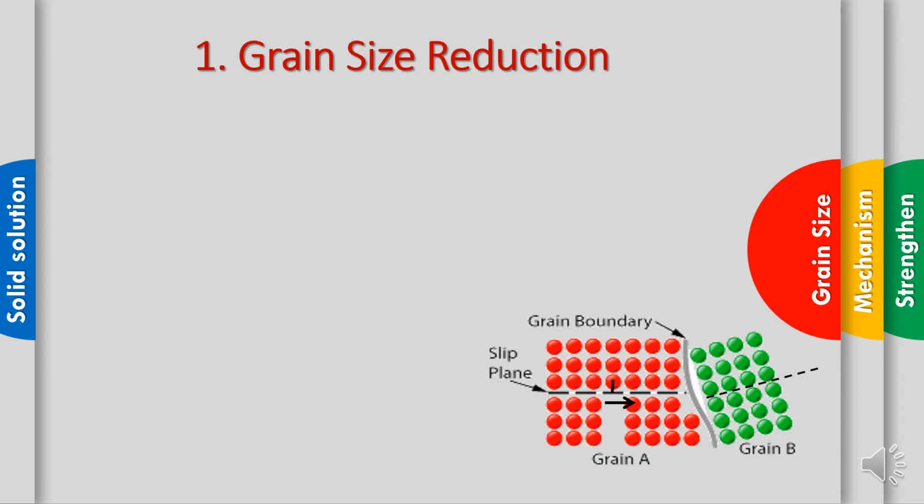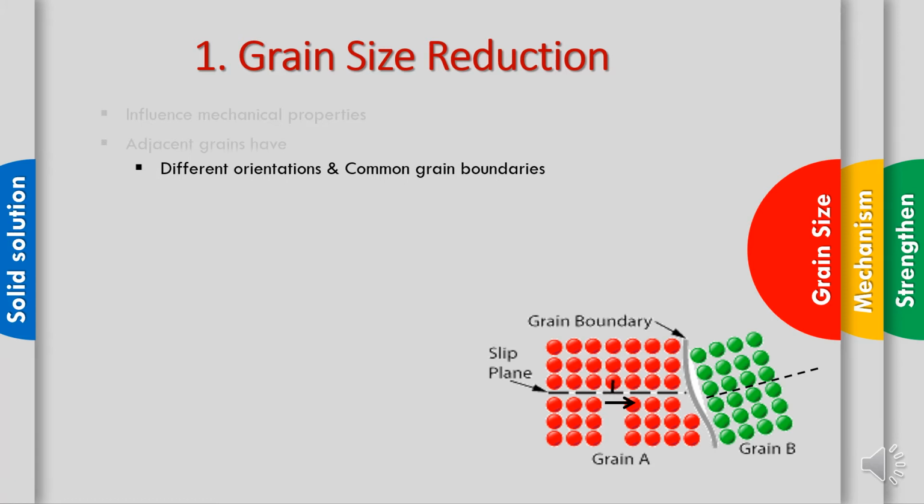Number one is grain size reduction. Grain size reduction influences mechanical properties. Adjacent grains have different orientations and common grain boundaries, which you can see from this diagram.